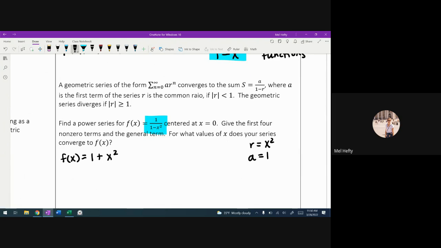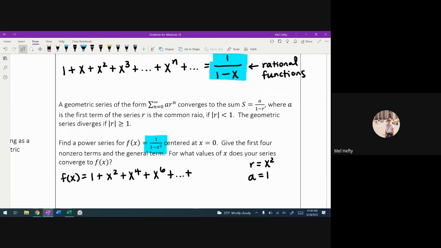X squared, from 1 times x squared. What would the next term be? X to the 4th. Let's get people unlost. How are we getting from one term to the next term? We're multiplying by the common ratio. All right. What would the next term be? X to the 6th.